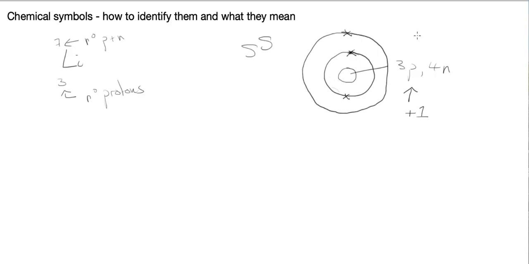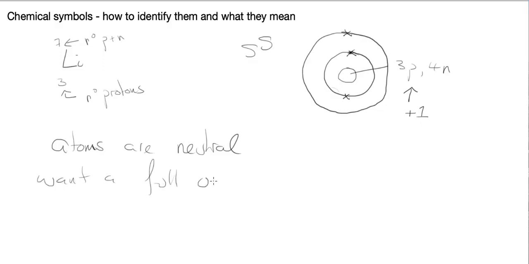So atoms are neutral. But they want to have a full outer shell or orbit of electrons. So lithium has got 1 here.